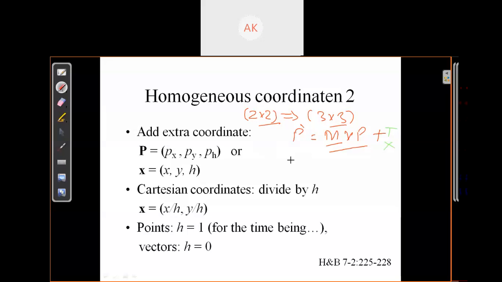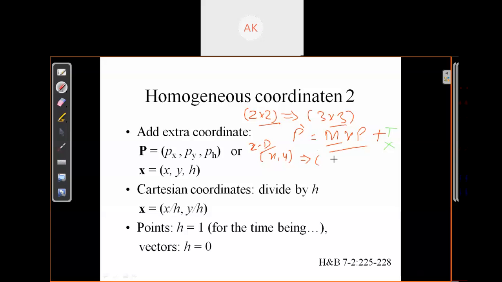So how will we write the homogeneous coordinate? Suppose your points are x, y in a two-dimensional matrix. Just consider x, y are the coordinates of some point. We will write this coordinate into a 3D matrix, or three-dimensional matrix, or homogeneous coordinate.